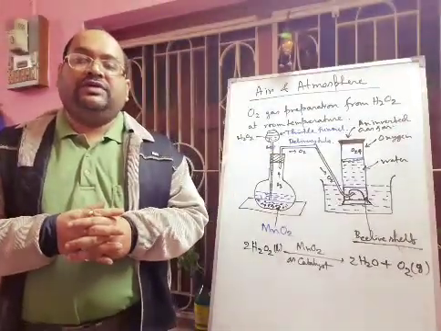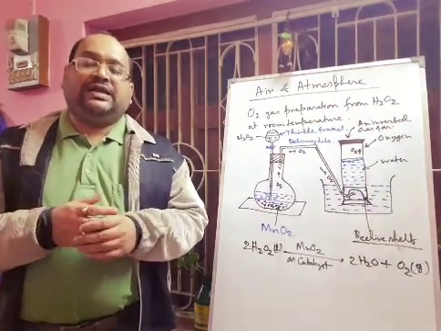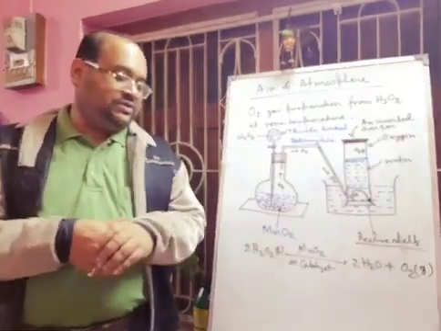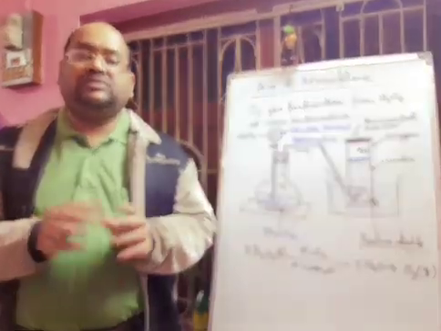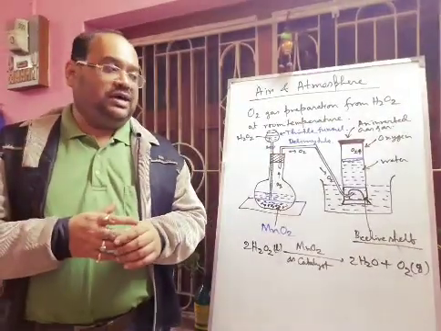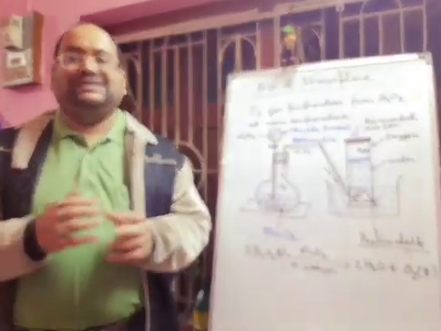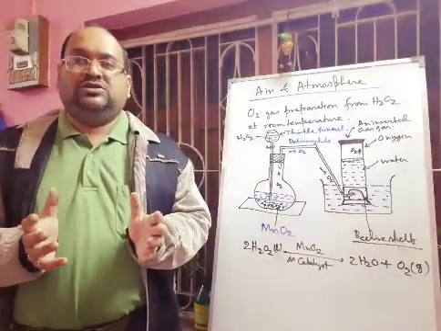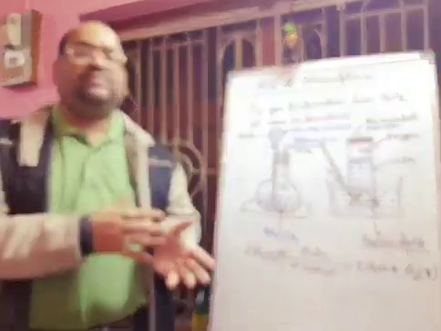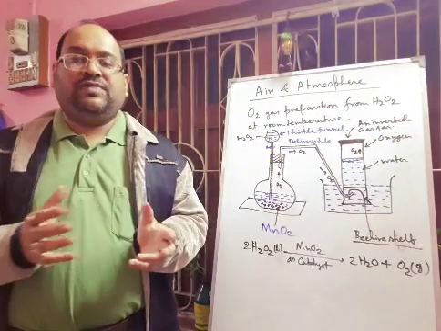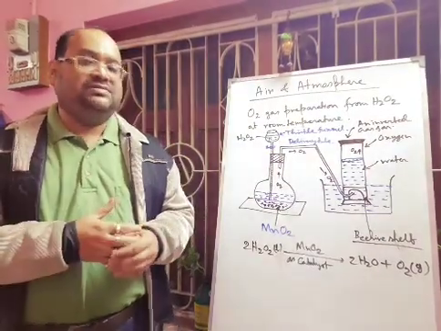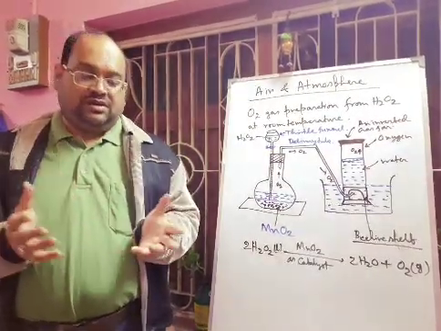Again if you take a red litmus paper and enter it into this oxygen cylinder, it will not show any color change. So that is the common thing, oxygen gas is neutral to litmus. Oxygen gas supports burning but does not burn itself, so it is non-combustible and neutral to litmus.